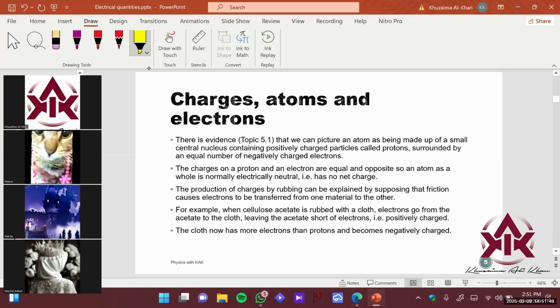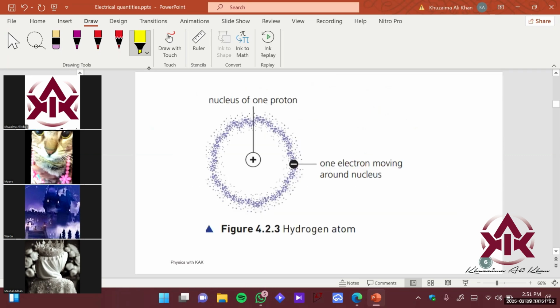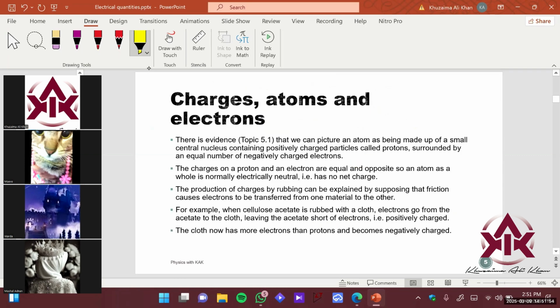Now we're going to learn some structure of atoms, a dive into the chemistry class.